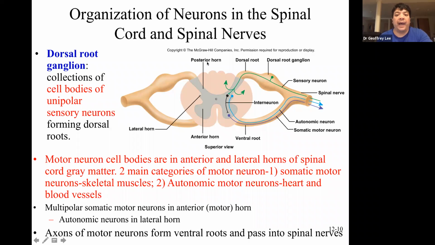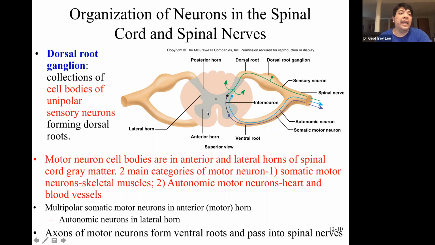Horns include cell bodies. Cell bodies from the posterior horn are part of our sensory pathway that sends signals up to the brain. Cell bodies of the lateral horn, right, are found as part of our autonomic motor neurons, which control your heart, your lungs, that kind of stuff, right?